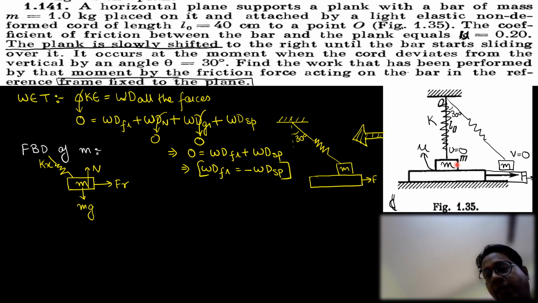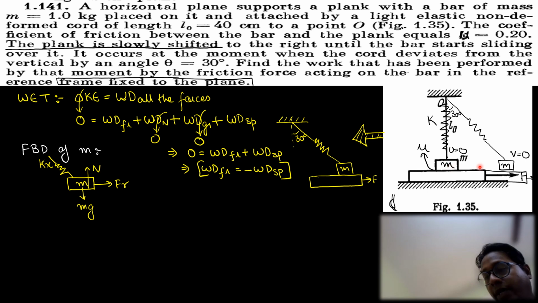Now one more thing you might ask: sir, what happens if we use mu into n and find out this displacement? That wouldn't work because from out here till out here the block was not slipping. So the maximum value of static friction wouldn't be applied. The friction force, although it's being applied, has a lesser value than the maximum value of friction force, which you don't know. Understood?